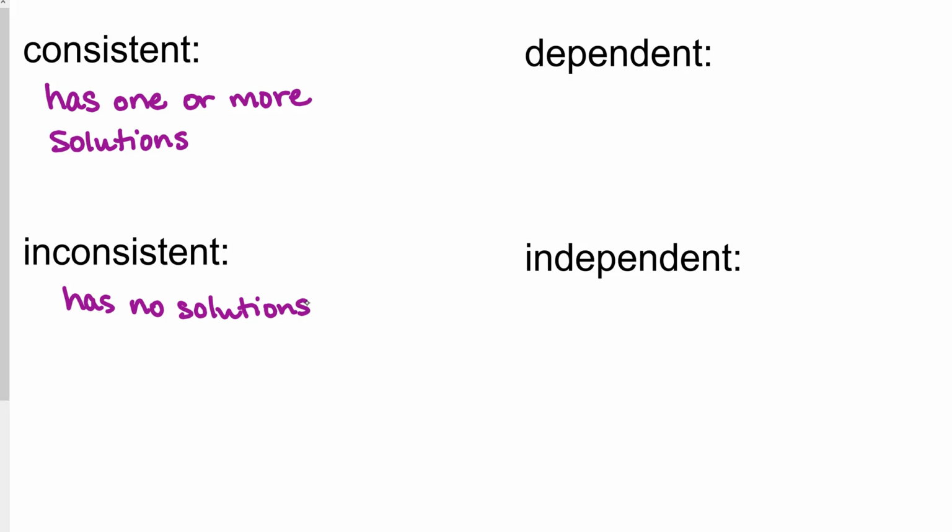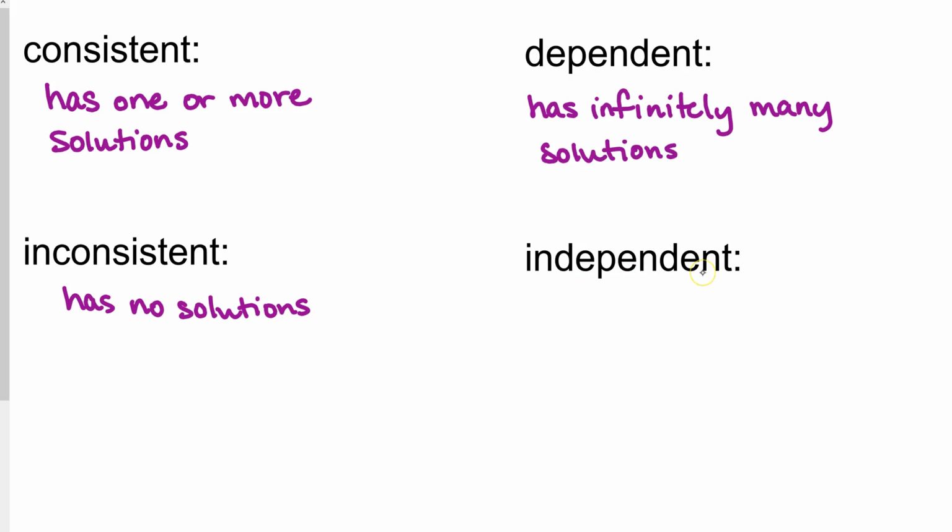A dependent system has infinitely many solutions. So think about what that would look like with two lines. How could you have infinitely many solutions? And then an independent system, I should say, has one solution.